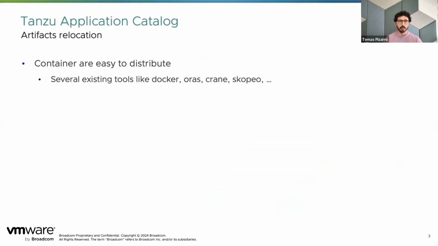So what's the status of the artifacts' relocation? Containers are easy to distribute. There are already existing tools like Docker, Crane or Skopeo, and with all of these tools you have options to move one container image from one registry to another. You can also make them support air gap environments by downloading those container images to your local computer in the form of a tarball or similar.